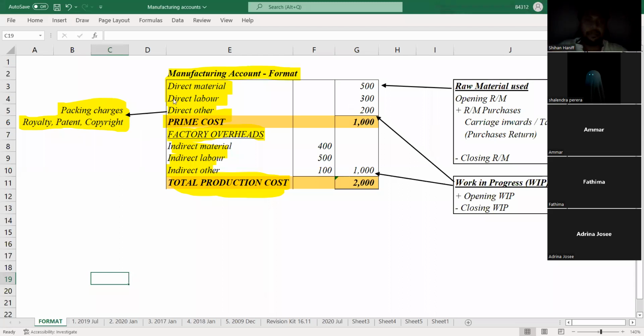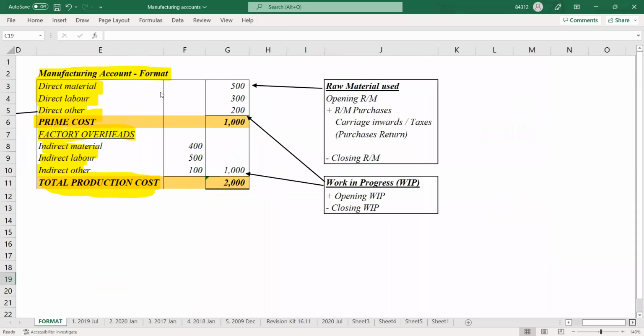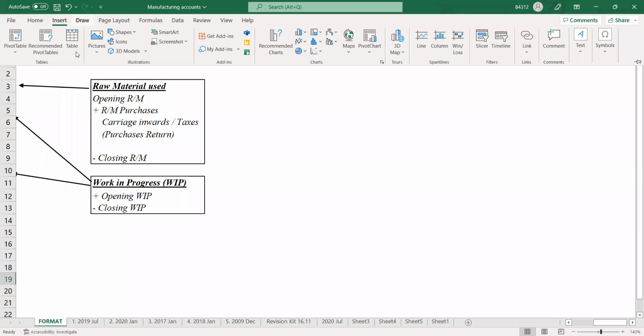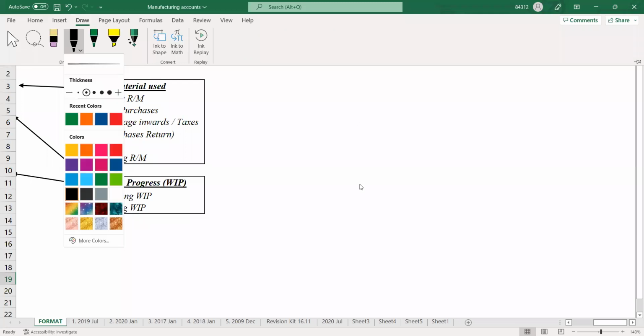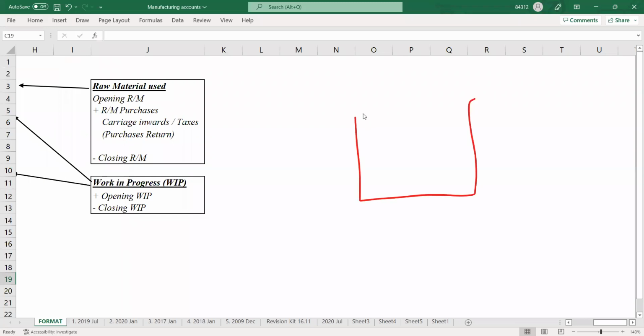Normally, even if you prepare a trading account, when it comes to material, there will be opening stock and closing stock. If you have opening and closing stocks, you need to find out how much material is used. How do you find the material used? I'll take a simple example. Let's say there is an oil stock.